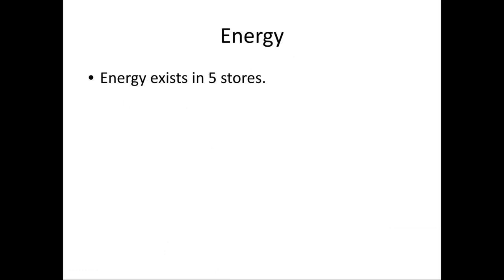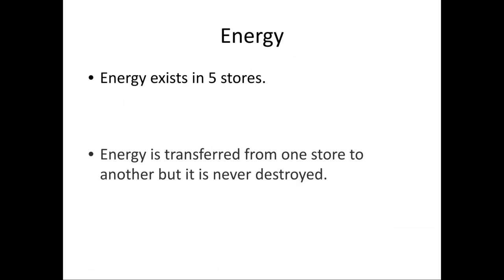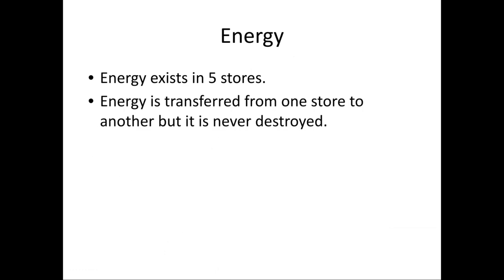Now, energy exists in 5 stores at this level. There are other stores, and you will probably hear about them on revision websites, but you only need to know about 5 particular stores of energy. There are 2 words here. There's stores, which we can think of as where the energy is kept, and then there's transfers.